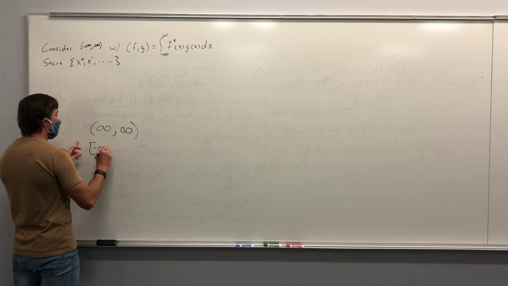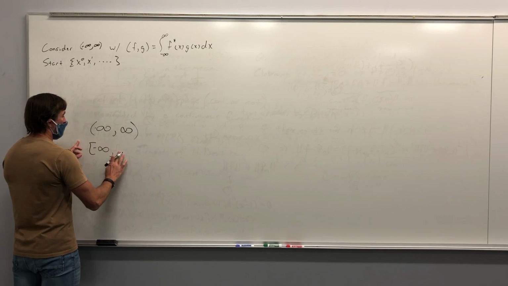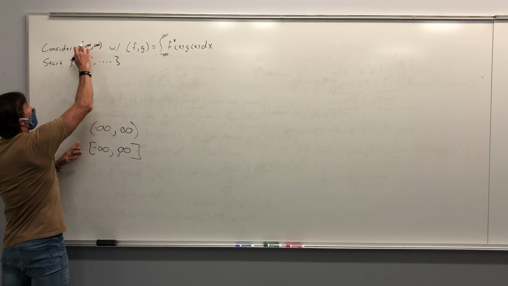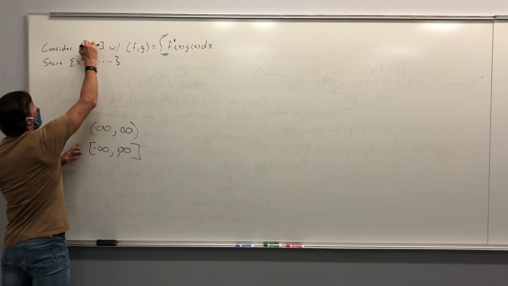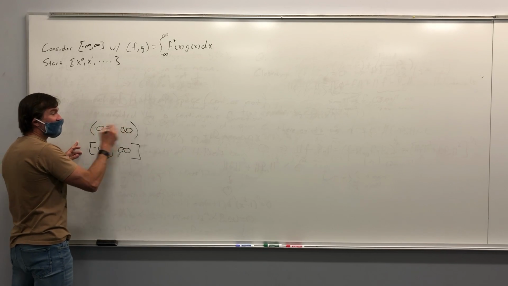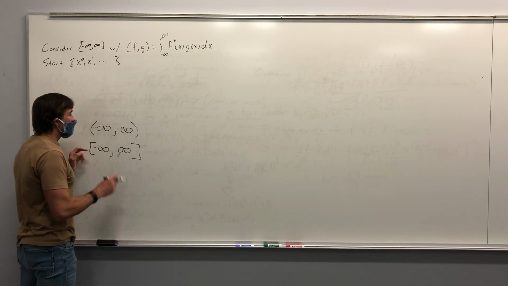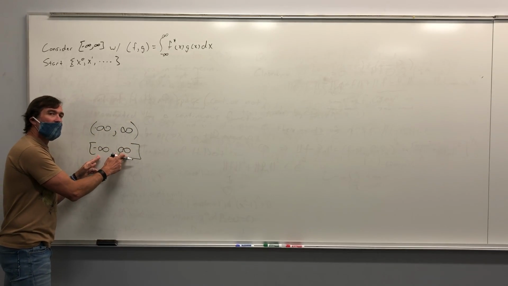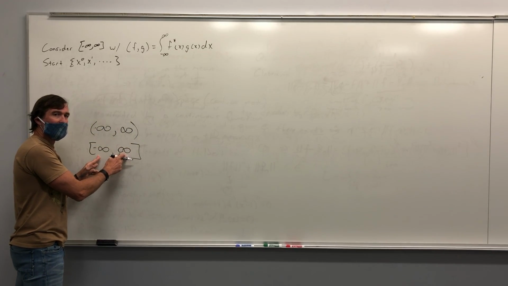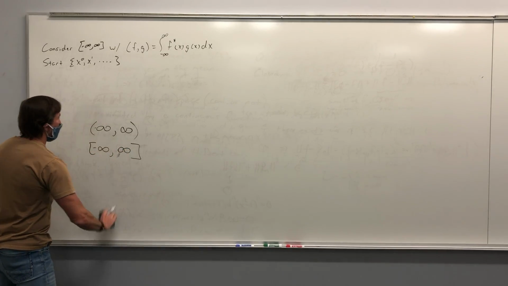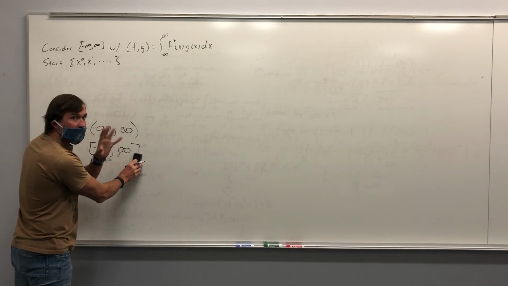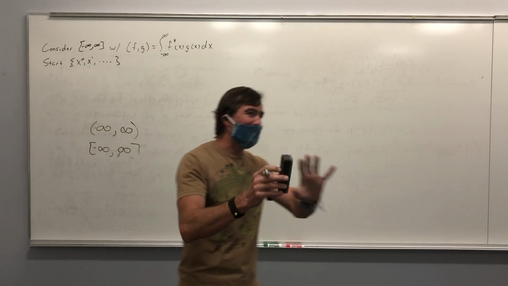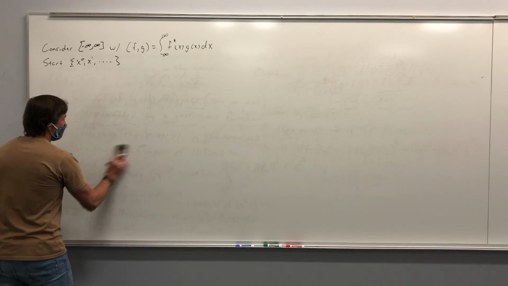In the book, he does this in the same notation that he does with all of his other intervals, because this is degenerate with the inner product. So I'll just do the square brackets, but you just have to be aware that this interval does not actually include the values of infinity and minus infinity. And if I accidentally write them around minus infinity to infinity, I hope you realize I'm not taking the inner product of those. Okay, so here we go.